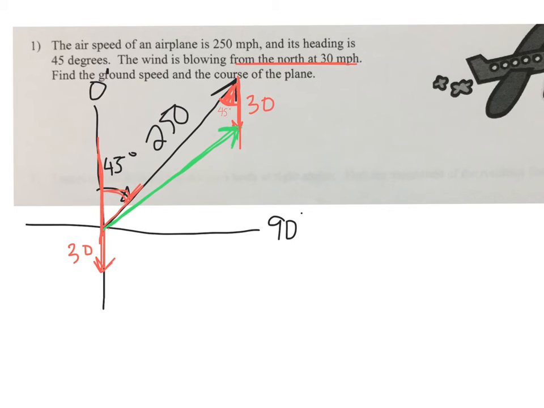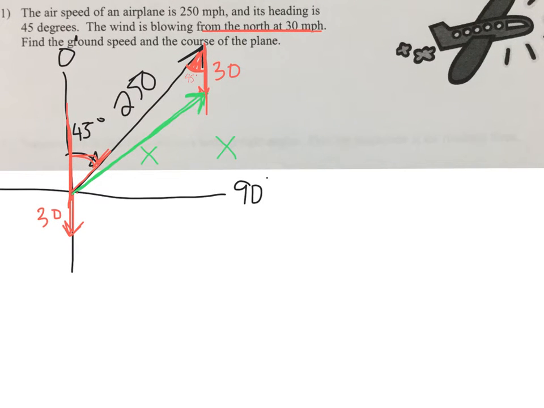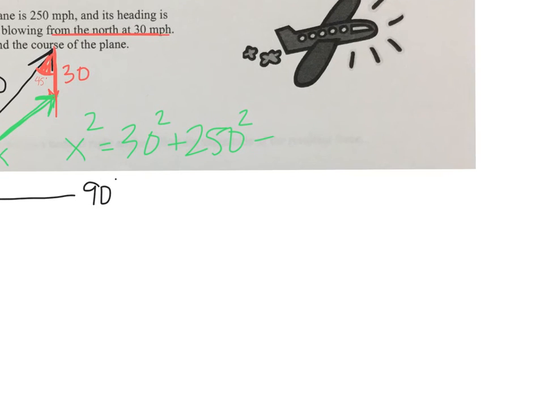So if we want to figure out the resultant, we're going to use the law of cosines, which says x squared equals 30 squared plus 250 squared minus 2 times 30 times 250 times the cosine of 45.